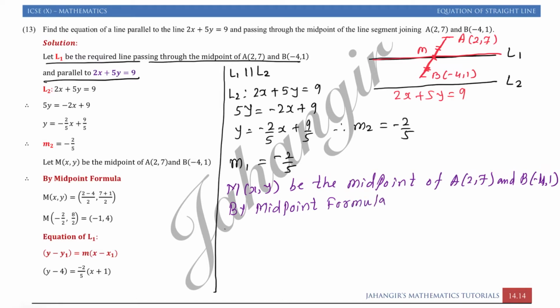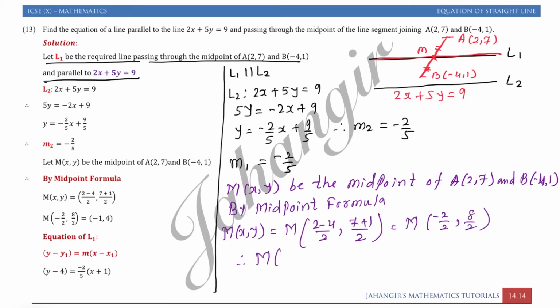So M(x, y) is equal to M of 2 minus 4 upon 2, comma, 7 plus 1 upon 2. 2 minus 4 is minus 2 by 2, 7 plus 1 is 8 by 2. So therefore M is minus 1, comma 4.